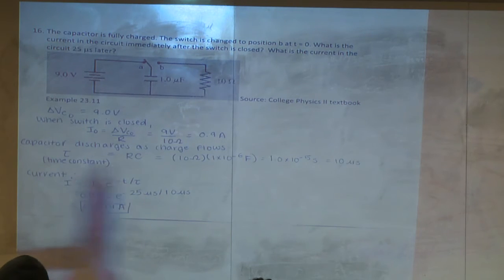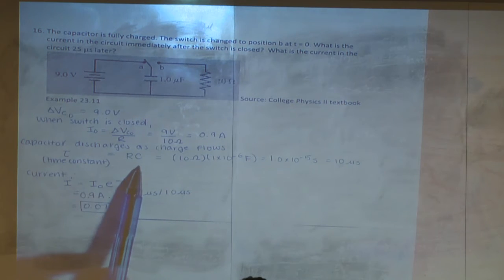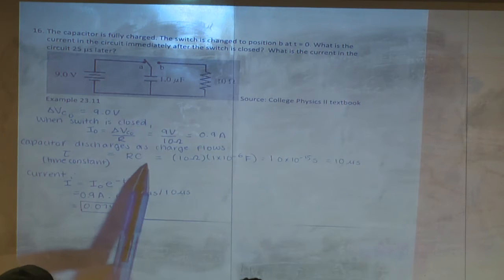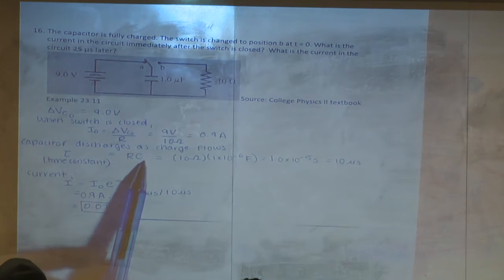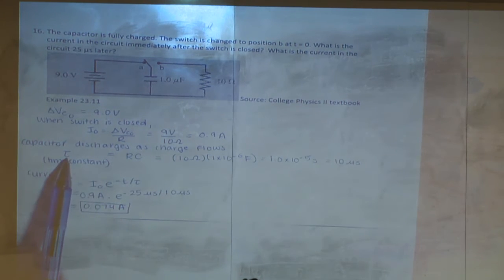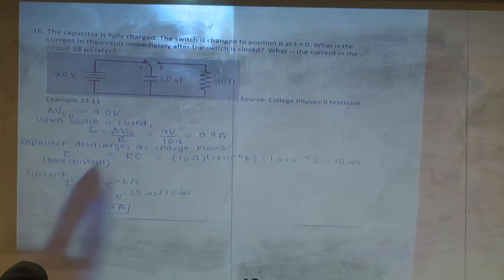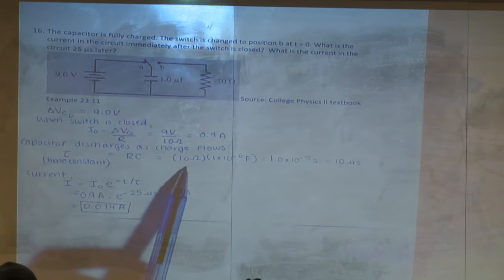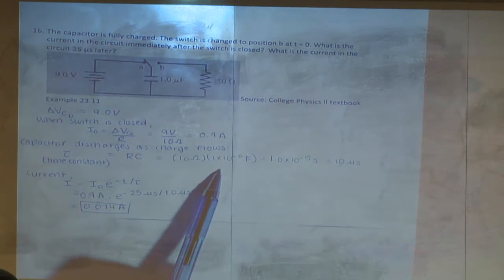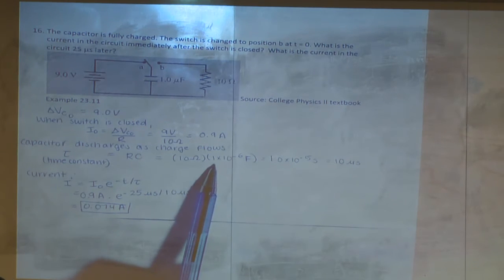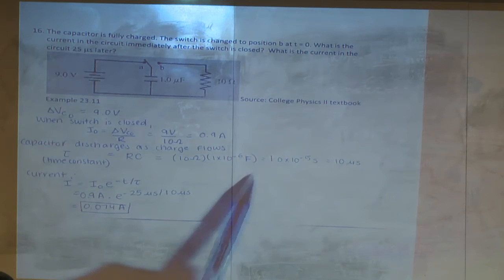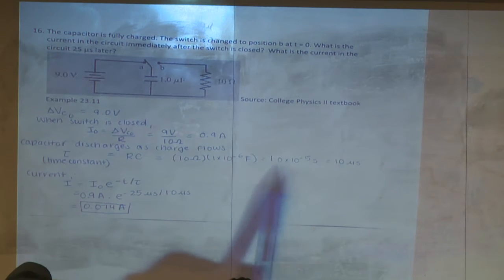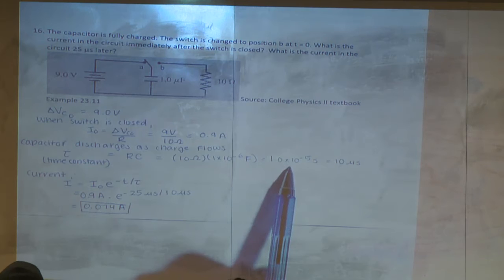That's one of the other formulas you need for exponential decay of voltage and current. This is the Greek letter tau, and it represents the time constant. Our resistance is 10 ohms. Our capacitance is 1 microfarad, which is 1 times 10 to the negative 6.